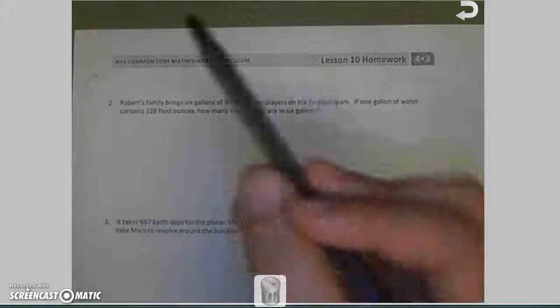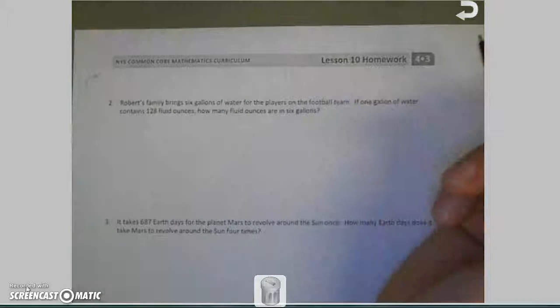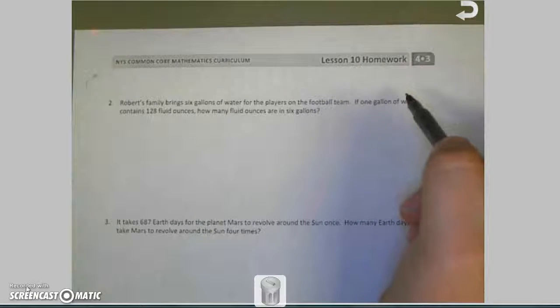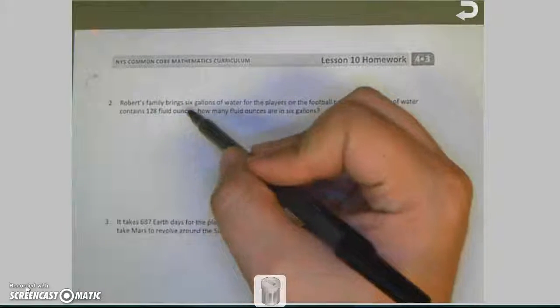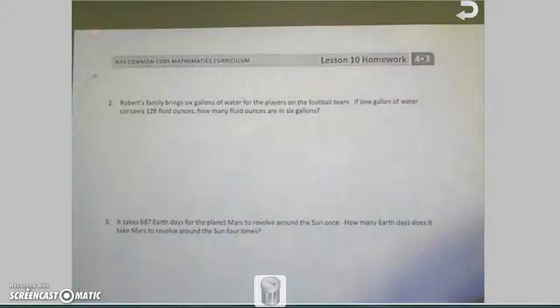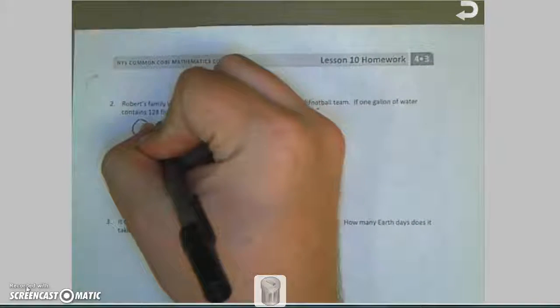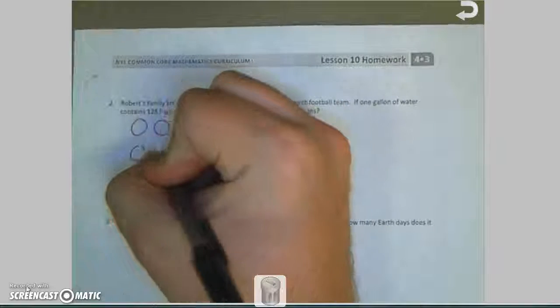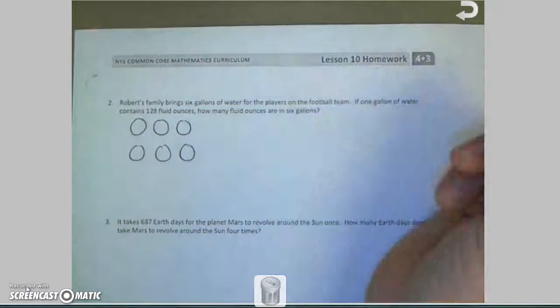So question number 2 says Robert's family brings 6 gallons of water for the players on his football team. If 1 gallon of water contains 128 fluid ounces, how many fluid ounces are in 6 gallons? So I have 6 gallons of water.